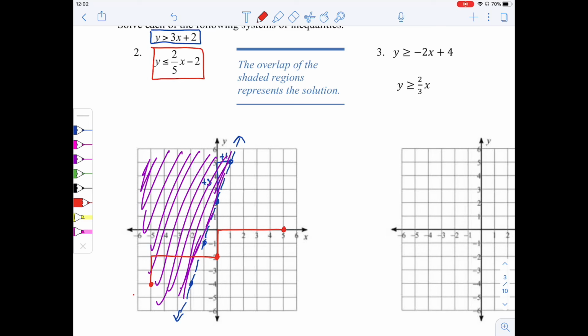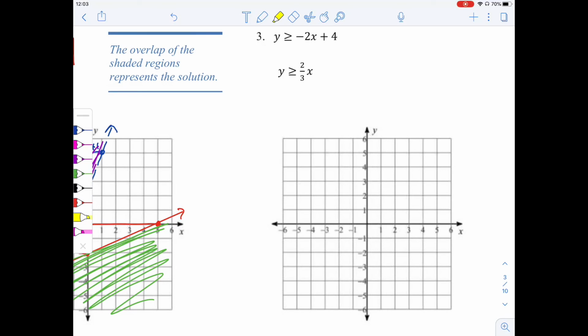This is less than or equal to, so it's going to be a solid line. And it's less than, so we shade everything below. Everything below this line is shaded. You notice your double shaded area is right here. That is your solution, right in there.